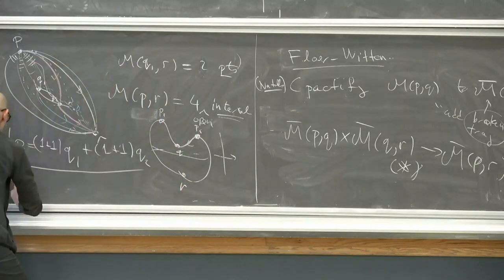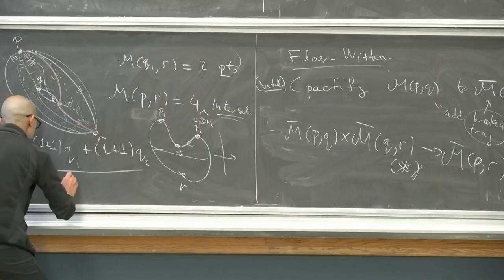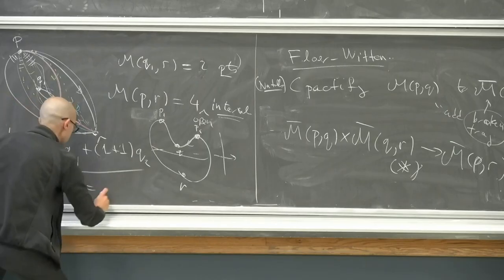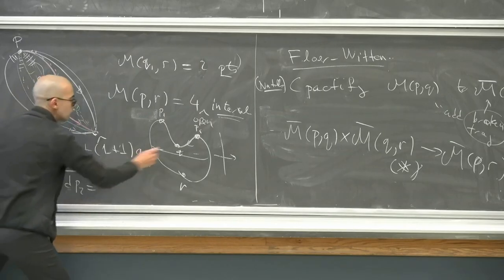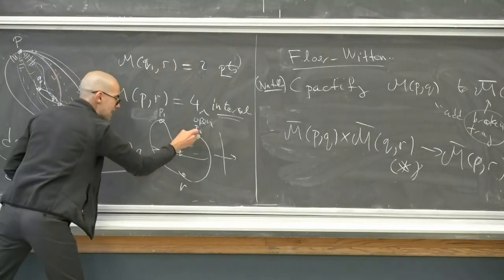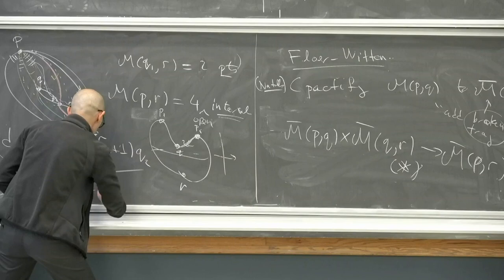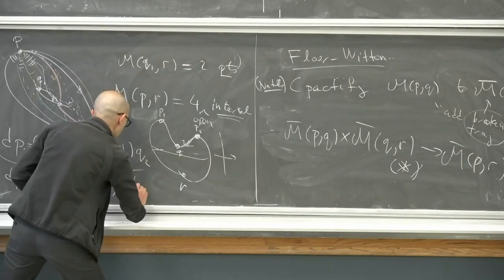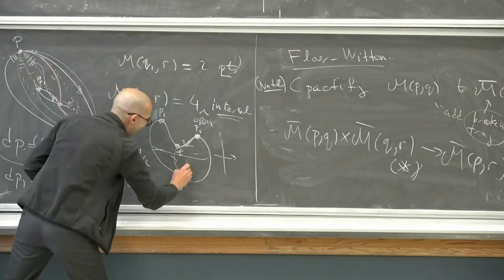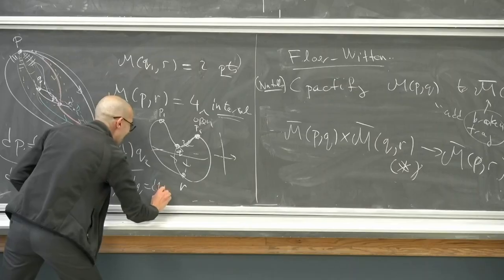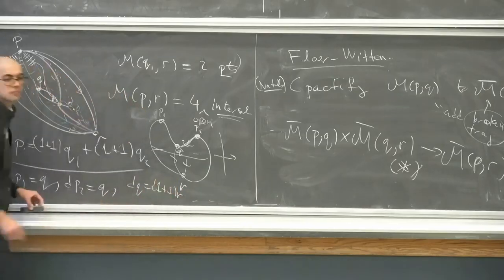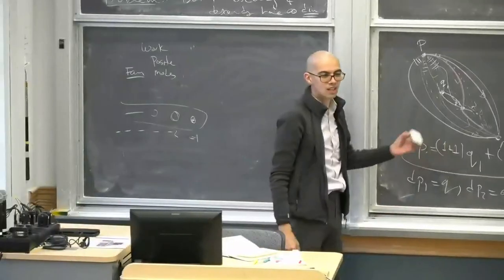Now D of P1 equals R, and D of P2 equals Q. There's one trajectory; this is a max, this is a saddle point, and there's only one way to go into the saddle point. And D of Q equals 1 plus 1 times R. But now at least you see this is a non-trivial chain complex.